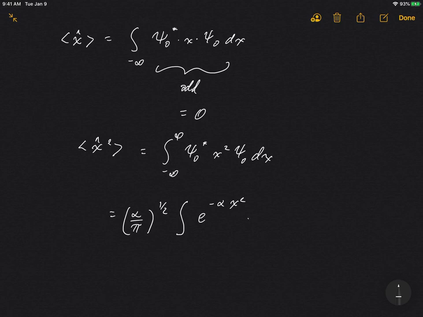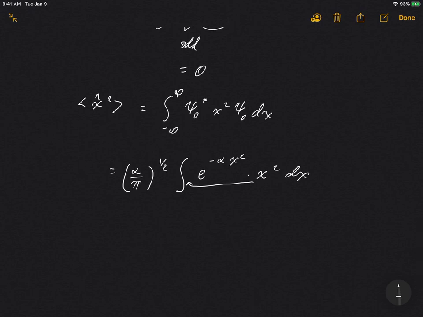And then we have times x squared, and well, we should probably move that in front of the exponential, but it's okay. It's just there, and then dx. So we can go ahead and move that there, and so we have this integral from minus infinity to infinity of x squared e to the minus alpha x squared.